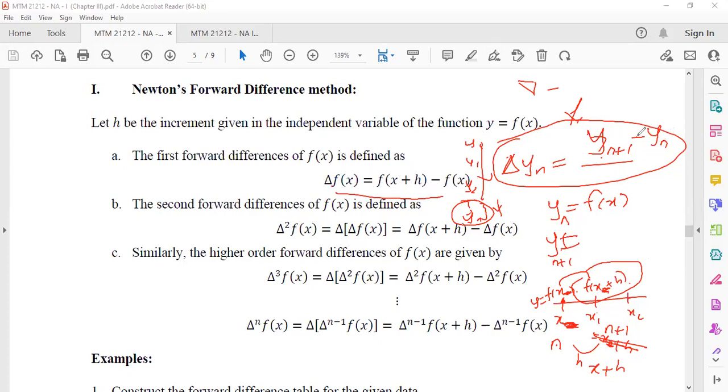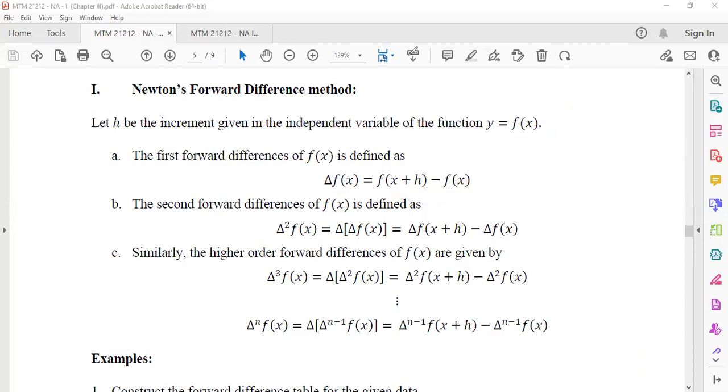See, if it is yn, we have to subtract yn. Likewise, f(x) is subtracted from the later point, which means forward, so f(x plus h) minus f(x). So you have to know how to distinguish these values. Both are equal. For example, delta yn, we say yn plus 1 minus yn.